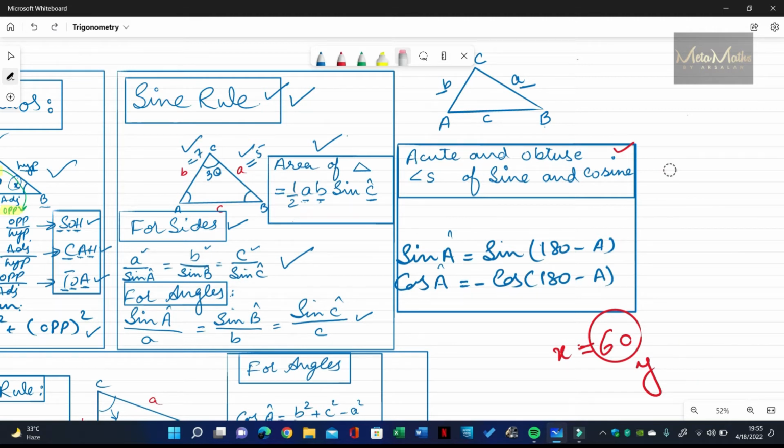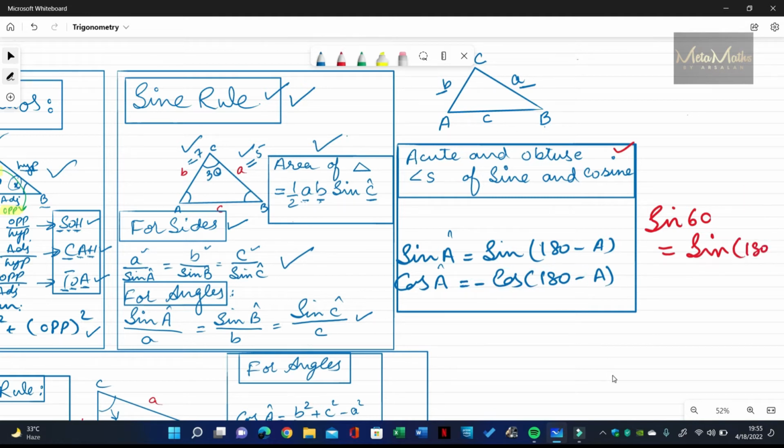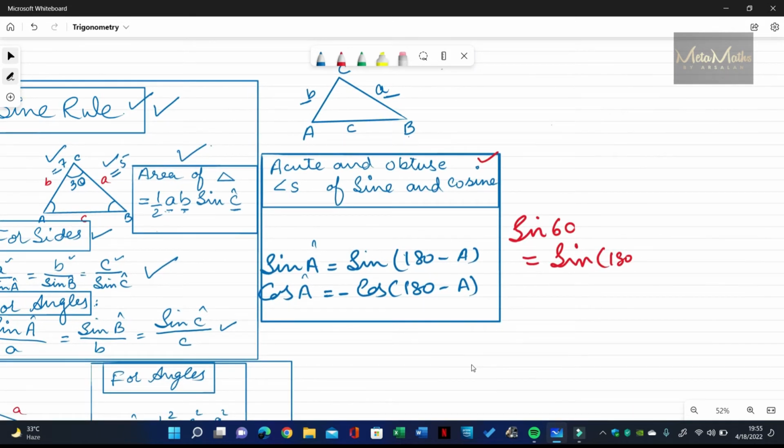So the relation between acute and obtuse angle, as you can see on your screen, is sine A is equal to sine 180 minus A. It means that sine 60 is always equal to sine 180 minus 60. I hope you can understand my writing. It's a bit difficult in the beginning to write on this tab.